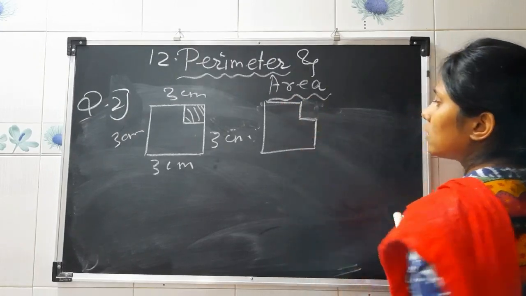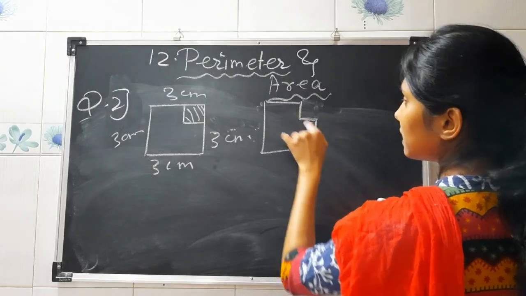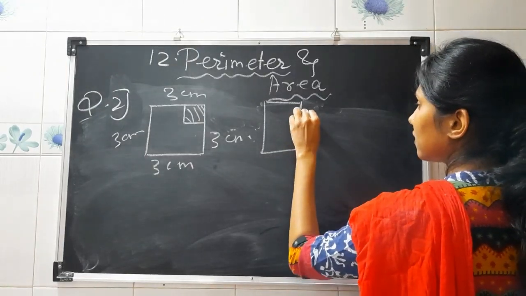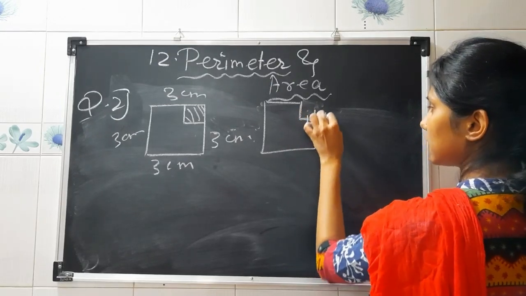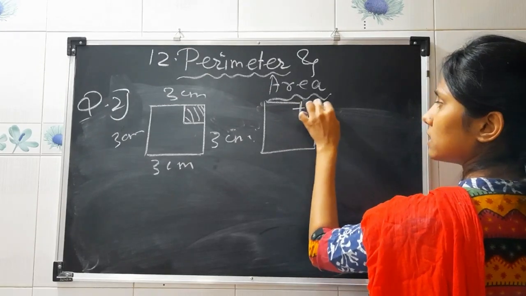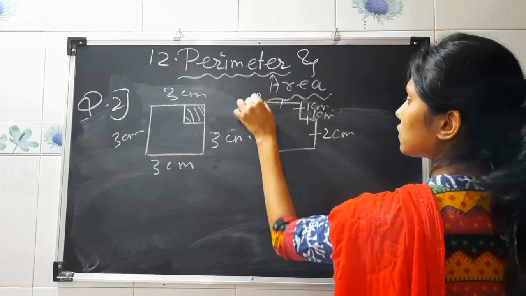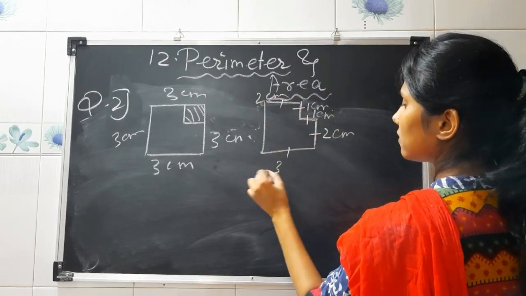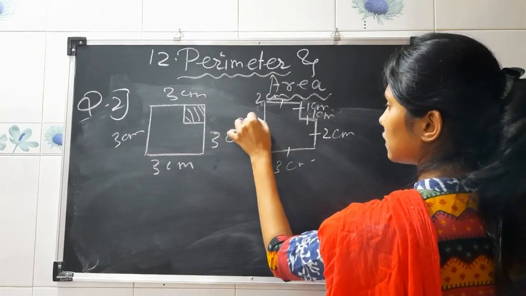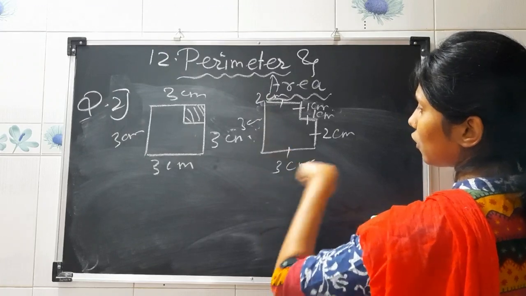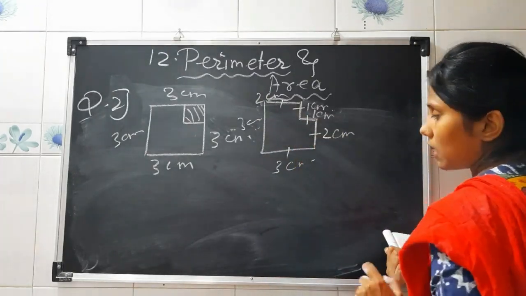This side is 1 centimeter, this side is 1 centimeter, then this will become 2, this will also become 2, and this will remain 3 centimeters. You have to find out the perimeter of this remaining shape.